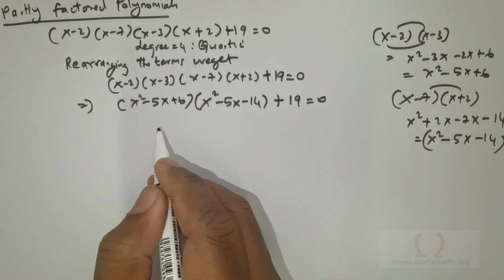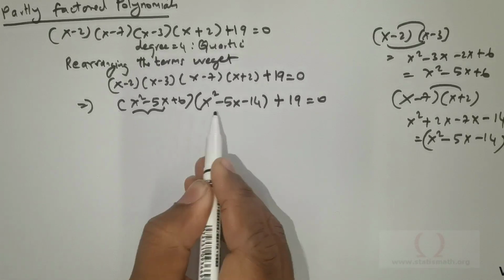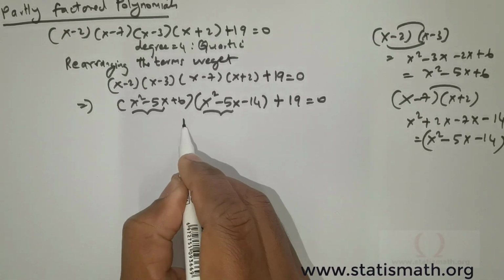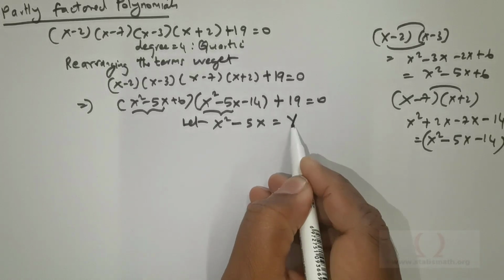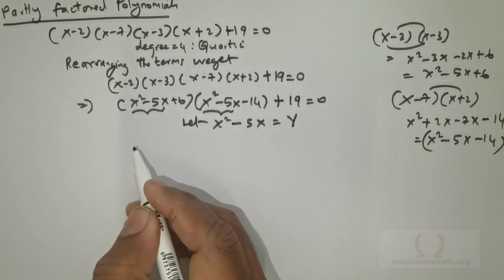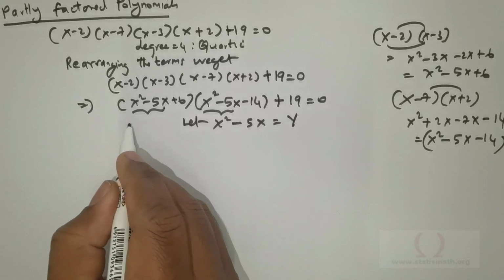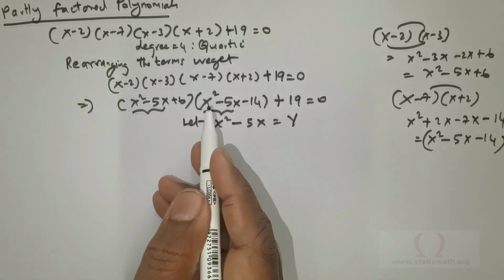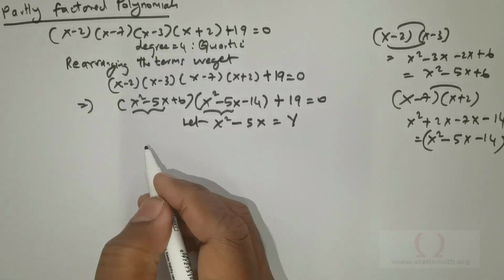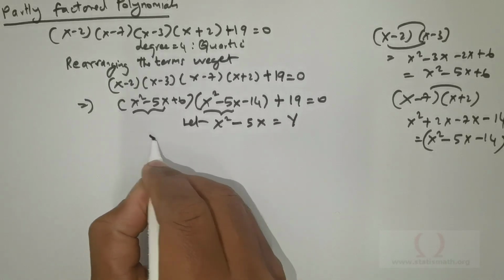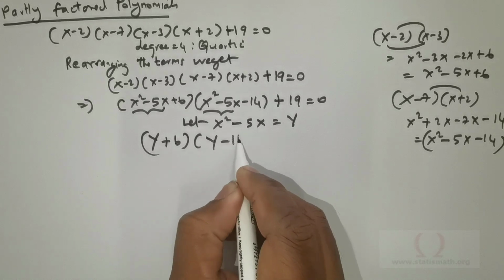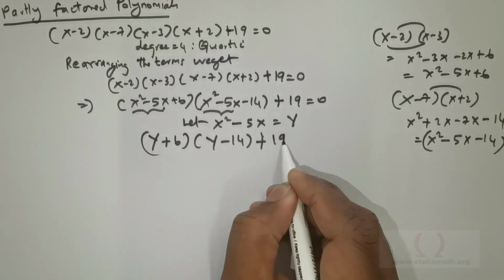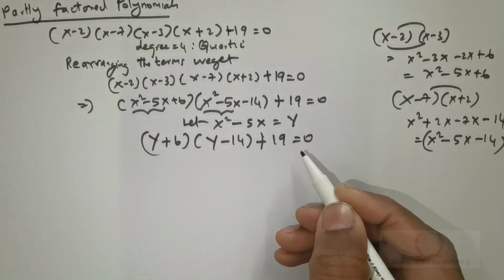Now what I'm going to do is write x squared - 5x as y. When I do that, I would have this equation reduced to (y + 6) multiplied with (y - 14) + 19 is equal to 0.